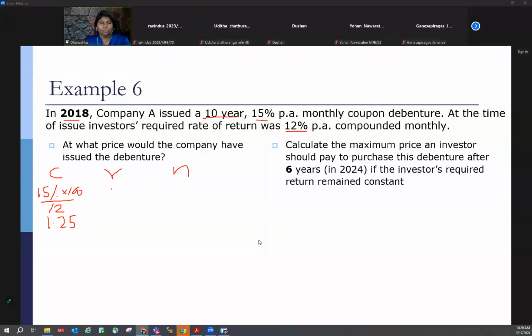R is investors' required rate of return. It is 12%, compounded monthly. So per month, that's the period, it's a 1% return. C is an absolute number. R is a decimal. N, it's a 10-year bond, 12 cash flows each year, so 120. Now you can put this into the equation.